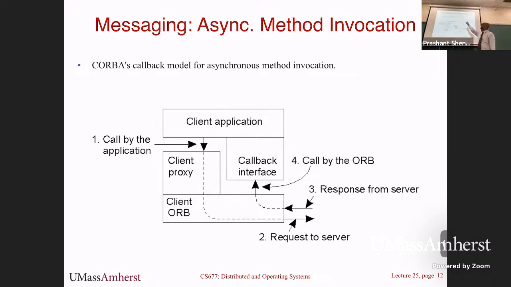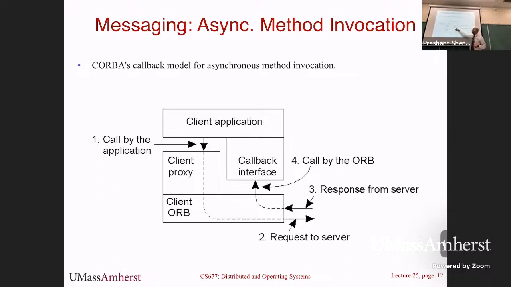One is you have a callback. Callback essentially says, I send this request, and when the reply comes, the stub is going to call the callback function, which is then going to tell the client that your reply has arrived. In this case, there's a callback interface that the client has registered.